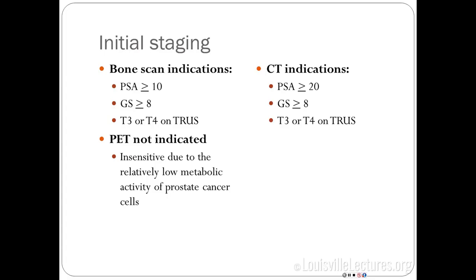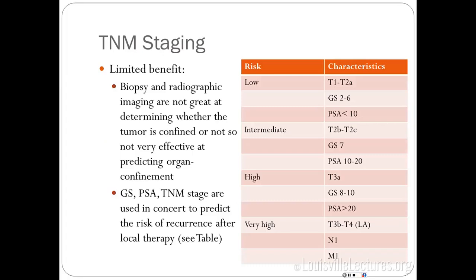And if the PSA is greater than 20, then we also add the CT abdomen and pelvis, because that increases the chances of detecting lymph node metastases. So not every single person that has prostate cancer needs to necessarily have a CT of the abdomen and pelvis. It really depends on what their initial presenting parameters were. PET scans are actually not done in prostate cancer. We're working on different tracers right now, looking to see if they can help us, but traditional PET scans are generally not ordered in prostate cancer.